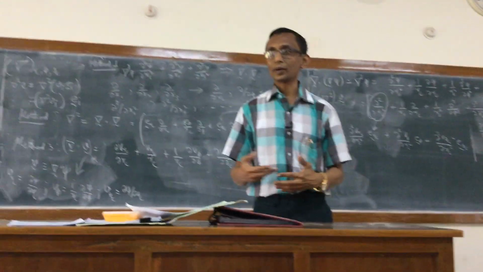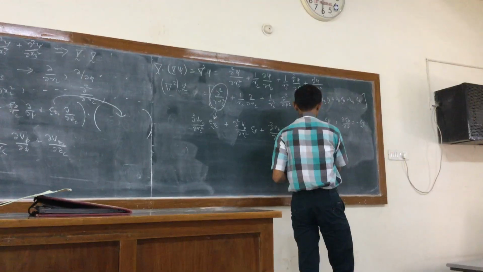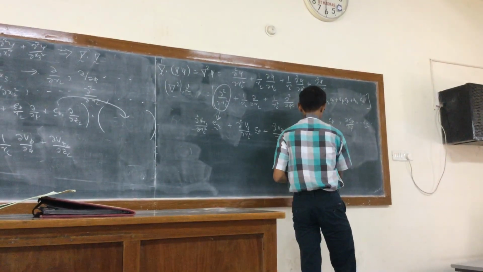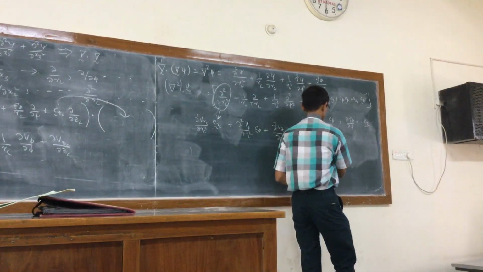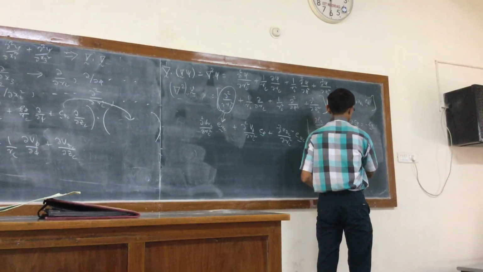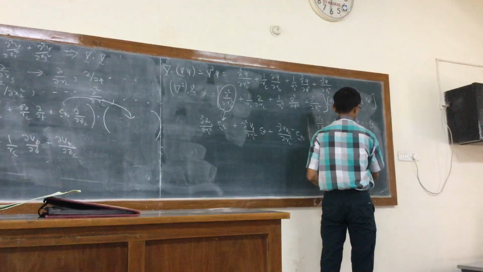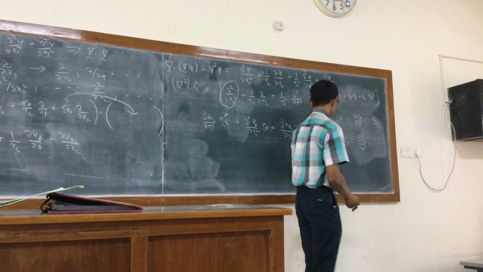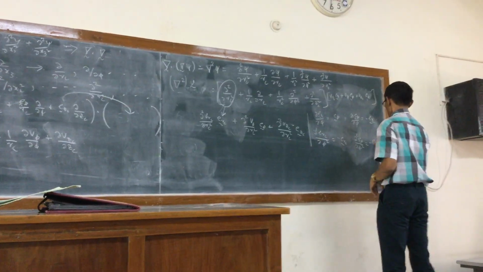No other variable they are dependent on, right? So clearly d squared e_rho by d phi squared would be d e_phi by d phi, which is minus e_rho, and similarly d squared e_phi by d phi squared would be minus d e_rho by d phi, so that would be minus e_phi.